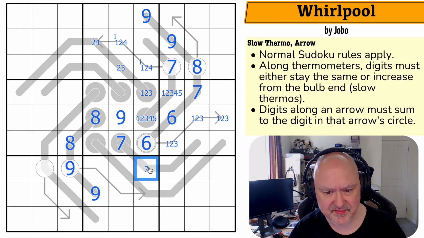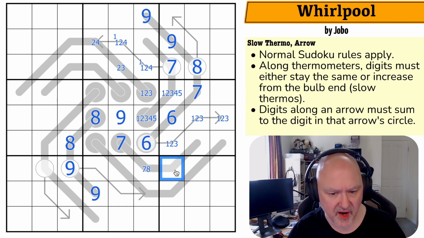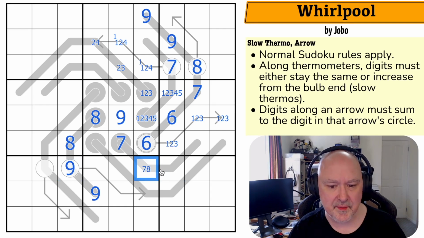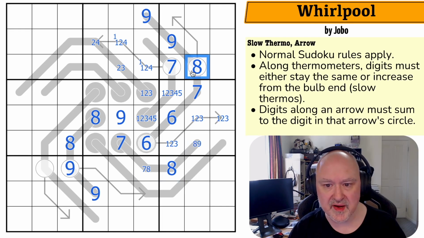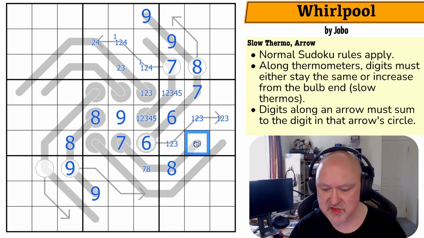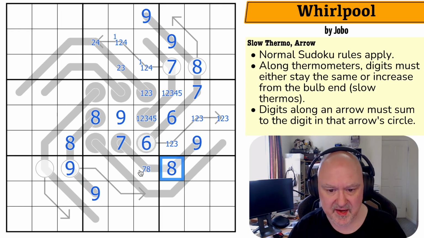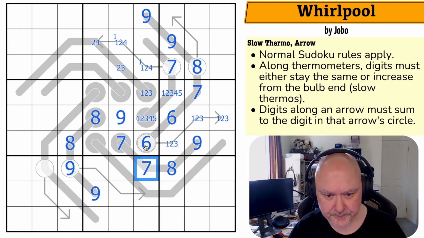This has to be 7 or 8. It can't be 9. So therefore, this has to be higher than this digit, but it can't be 9. So this is 8. This has to be higher, well, 8, the same or higher, but it can't be 8 for multiple reasons. So that's a 9, and this can't be an 8 anymore. That's the 7. This is very cool.